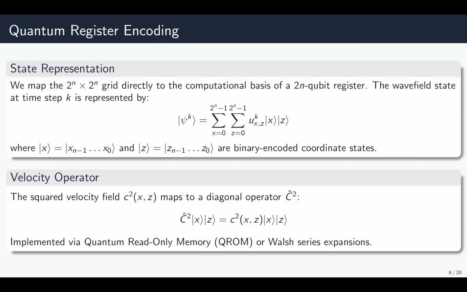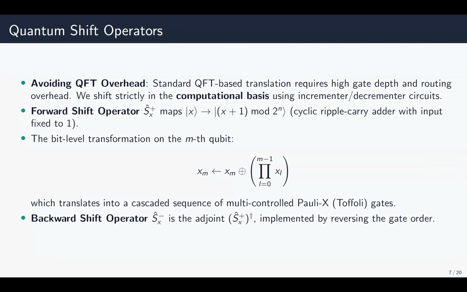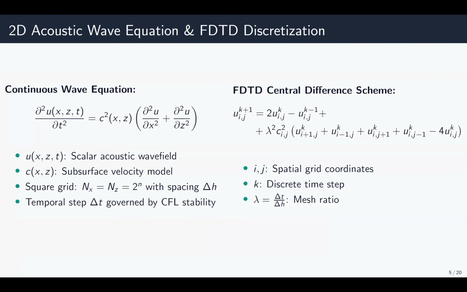And then quantum mechanically, you have a velocity operator, which is just a diagonal operator in this abstract space of binary numbers. And whenever that is possible, you can use a quantum read-only memory to store that, or you can express it as a function operator. Okay, and to carry out the Laplacian, you have to sum over the neighboring points.